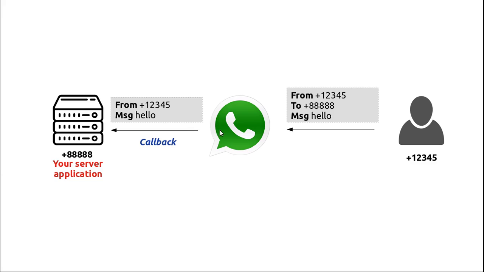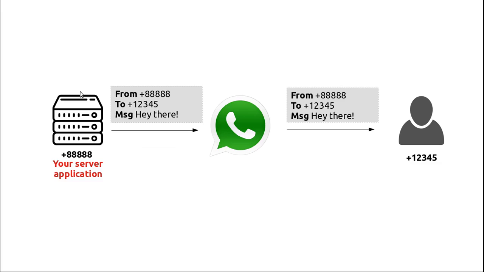WhatsApp will simply forward that request, that is, from this person we have received this message. So this particular request will be sent to your application. There is no user here, there is actually an application. The application now knows that a message has been received, and it can reply to that message by using some WhatsApp APIs.